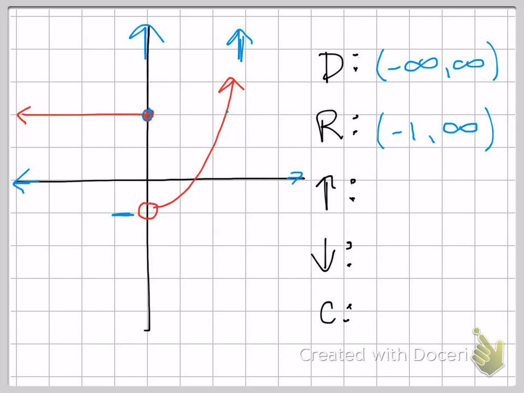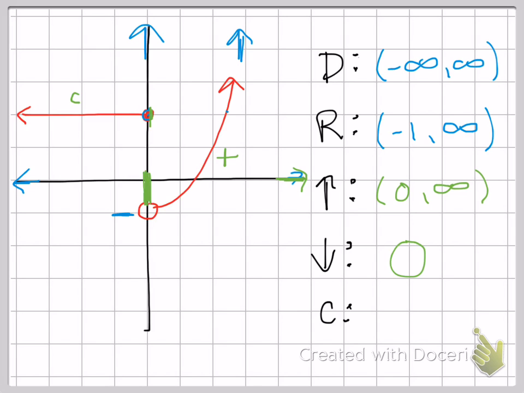Now we're going to work left to right and dissect our graph. Working left to right, this first piece is what we would call constant. It has no slope. And it changes directions right about here. Now the second piece has a positive slope. So it's increasing, and looking at my x values, it's increasing from 0 to infinity.